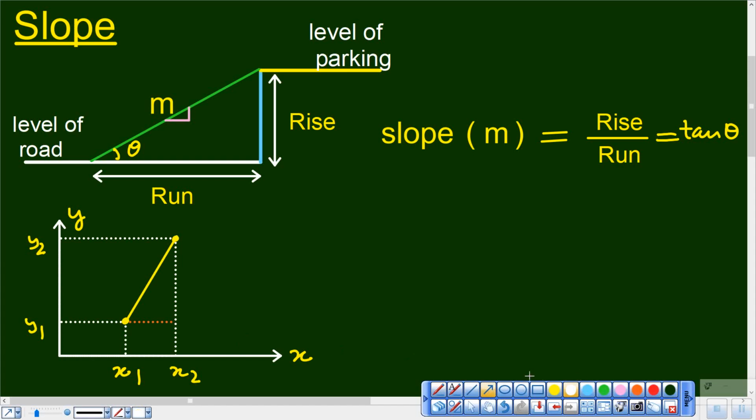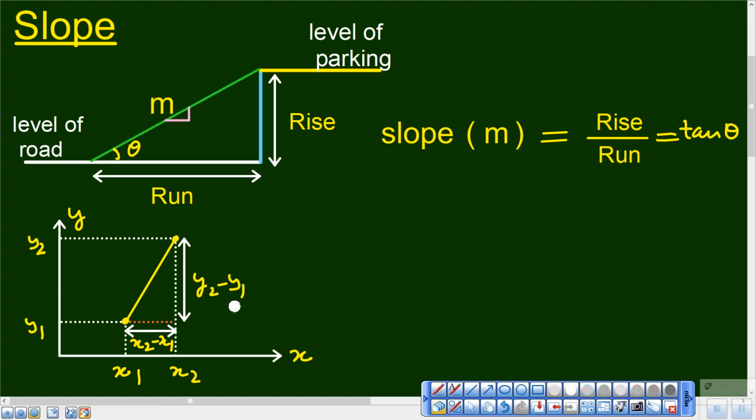And what is the run here in this case? Can you see that the run is nothing but x2 minus x1? This gap is run, which is x2 minus x1. And this is the rise, which is y2 minus y1. It is easy for you to confirm that, I guess.